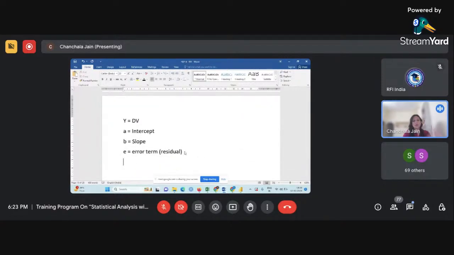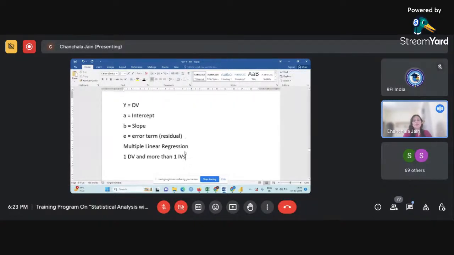Now, talking about multiple linear regression. Multiple linear regression means we have one dependent variable and more than one independent variable.